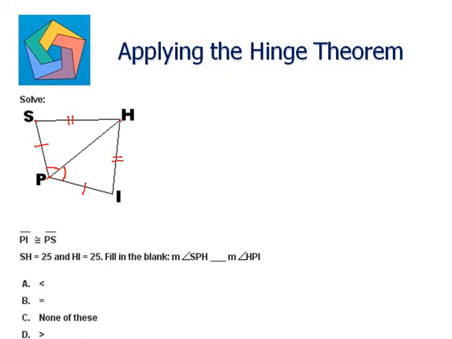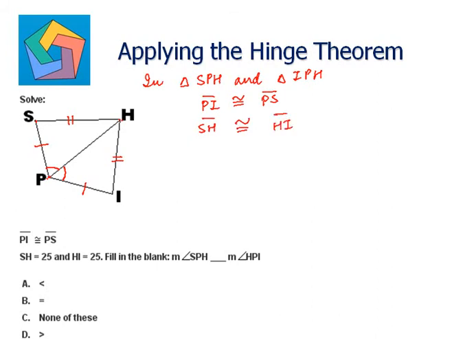Okay, so let us consider the two triangles, triangle SPH and triangle IPH. We are given segment PI is congruent to segment PS. Also segment SH is congruent to segment HI since each is 25 units. And we can say segment PH is congruent to segment HP by using the reflexive property.